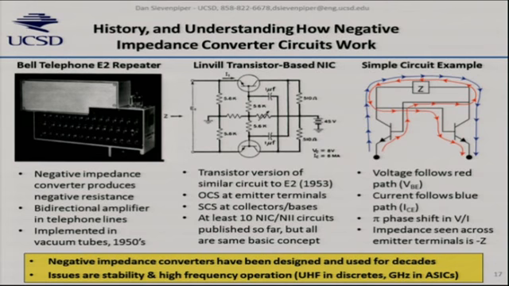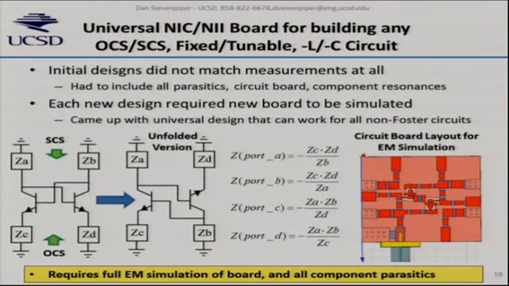The current, of course, flows this way through the collector emitter and passes around that impedance this way. Notice those are going in opposite directions, so you get a pi phase shift between the voltage to current ratio. So basically, this impedance appears as the negative of that impedance out there.